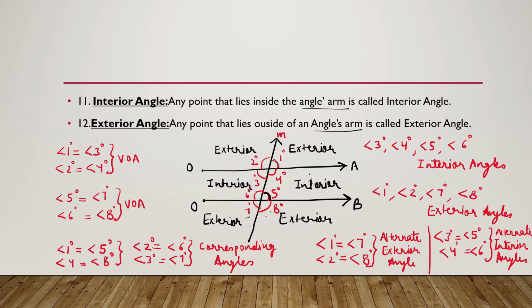The next one is angle 1 equal to angle 7 and angle 2 equal to angle 8, which are alternate exterior angles. And the last one is angle 3 equal to angle 5 and angle 4 equal to angle 6. They are on alternate sides, so they are alternate interior angles.